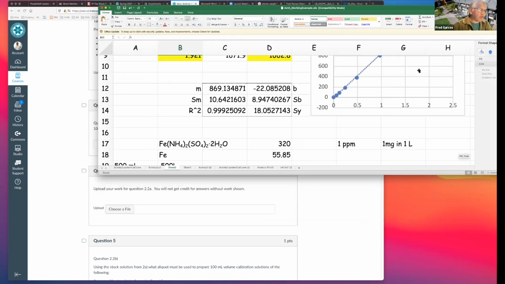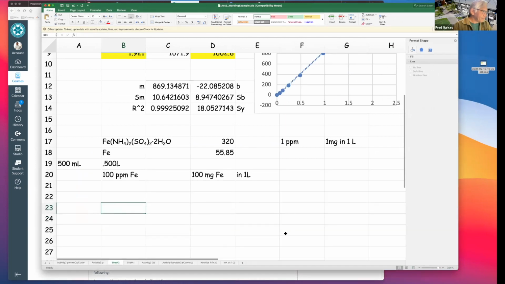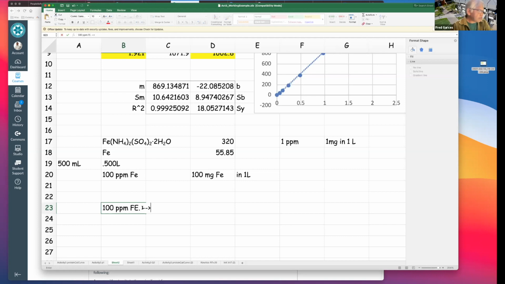Let me draw you the flow chart. You're going to take the 100 ppm of iron and convert that to 100 milligrams per liter of iron.